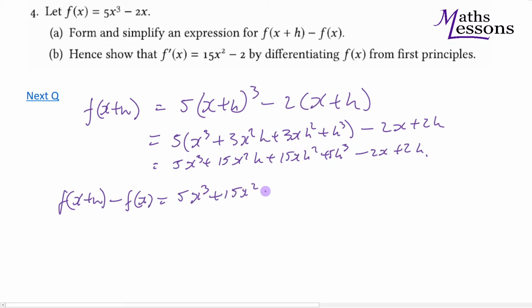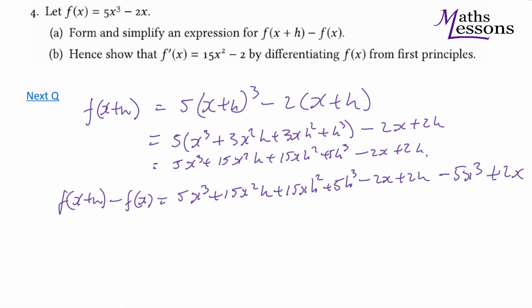It's a bit of a pain. 15xh squared plus 5h cubed minus 2x plus 2h. I'm going to take away f of x, which is 5x cubed, and plus 2x, because minus and minus will give me a plus. And then I can cancel some terms out. So that one will cancel out with that one, and this one will cancel out with this one.